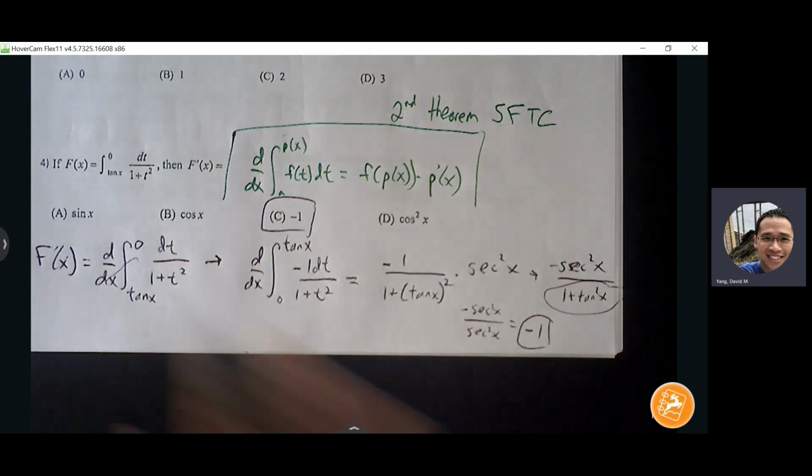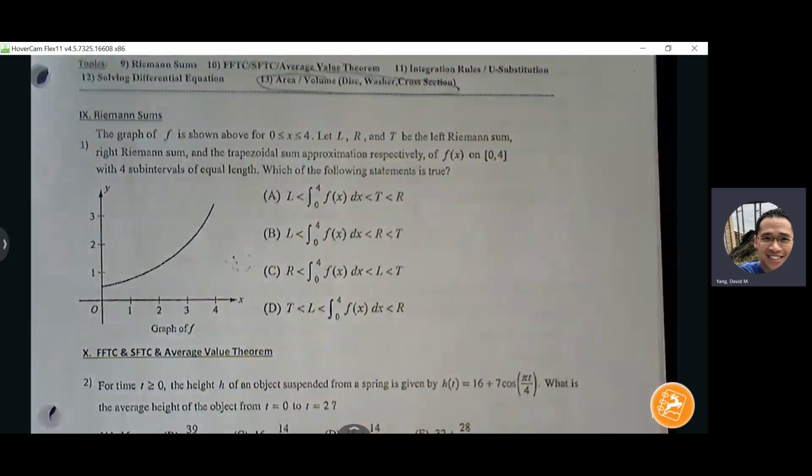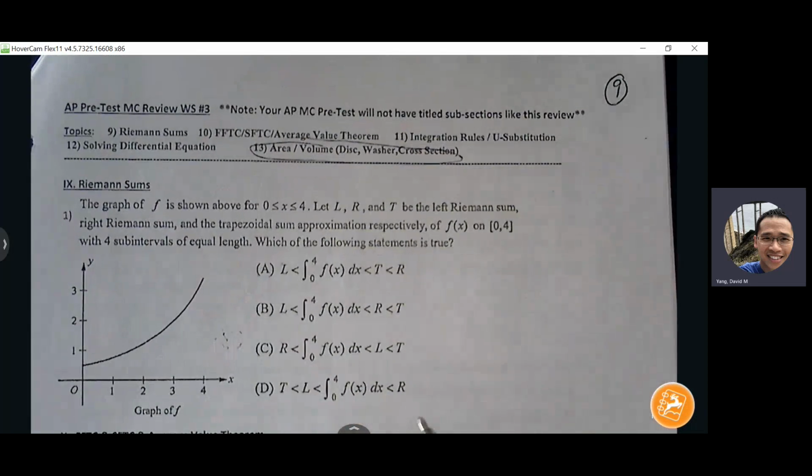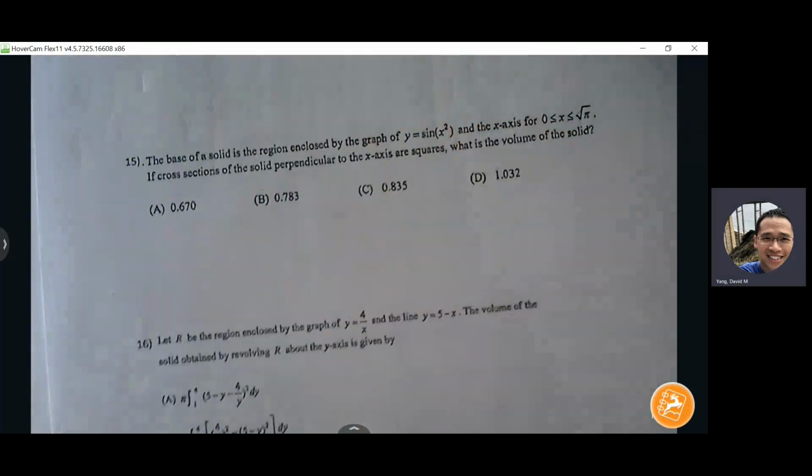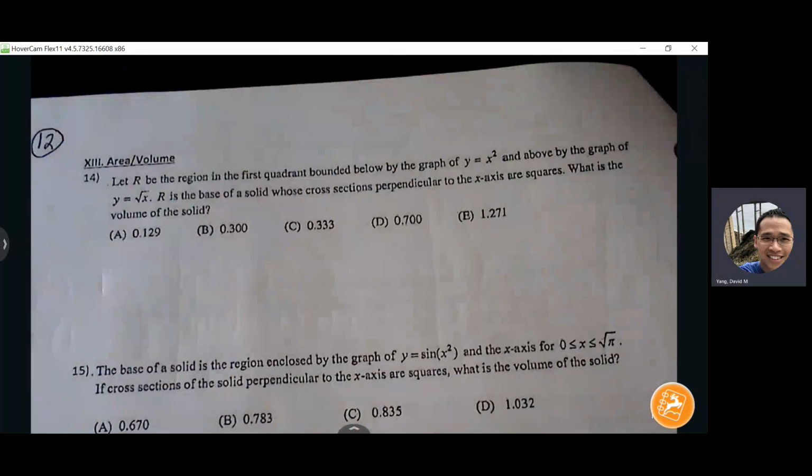But I really want to make sure that we get to the area and volume, since it's been a while since we spent time with area and volume. So let's go to page 12. I want to see how much of that I can get through with you.